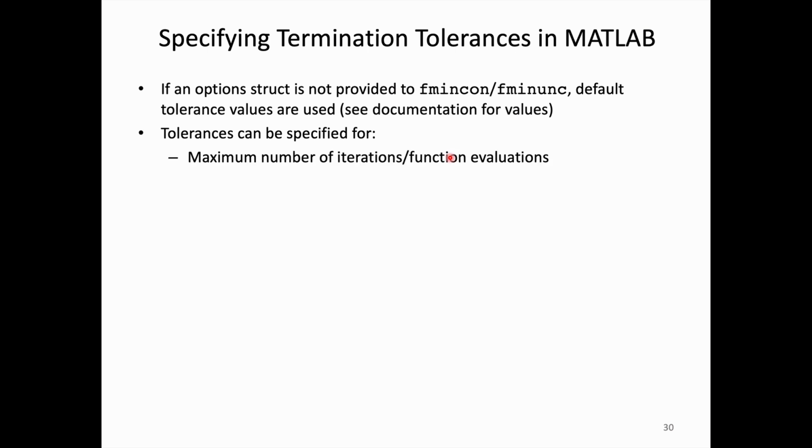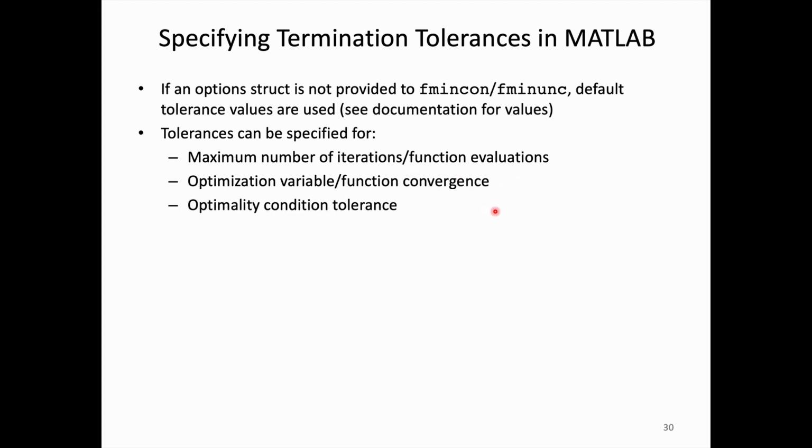Of course, the maximum number of iterations and function evaluations. We can specify tolerances on optimization variable convergence. So what is the epsilon value that we're using to decide when x has stopped changing? And we can do the same thing for function convergence. We also have a tolerance for optimality condition tolerance. We've not looked at that yet. We're going to look at it in just a little bit more detail in a moment.